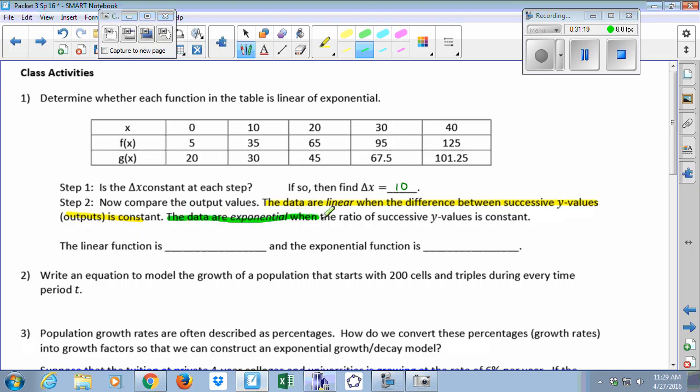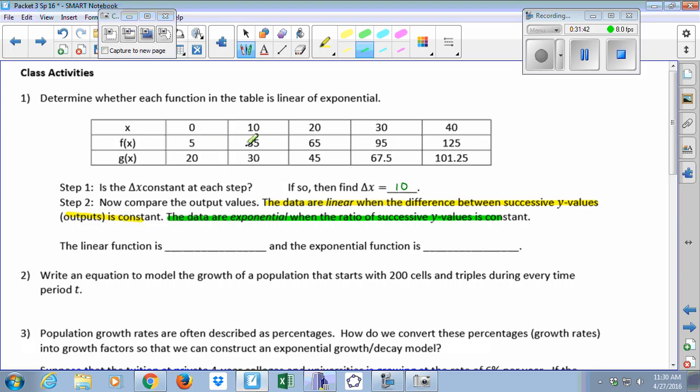Data are exponential when the ratio of successive y values is constant. So we were just looking at that a second ago. But we have not yet learned how to take that information and create an equation for exponentials, unless it had a change in x of 1, which we don't have here.